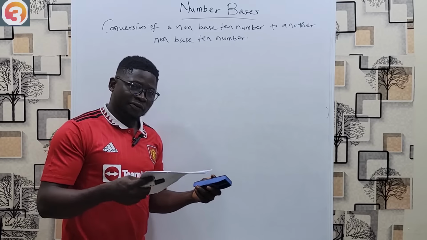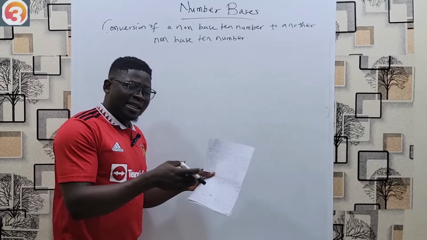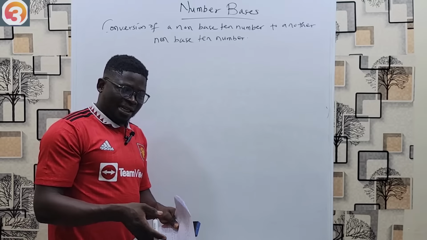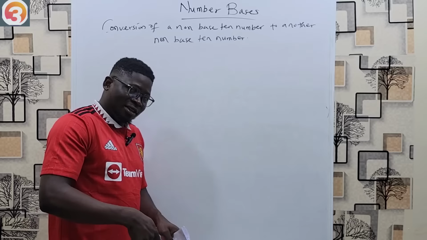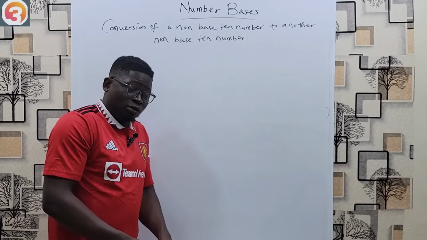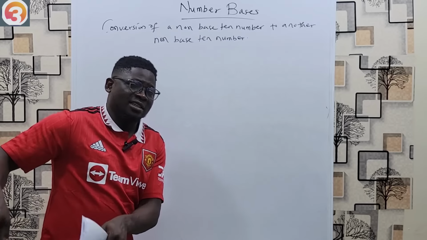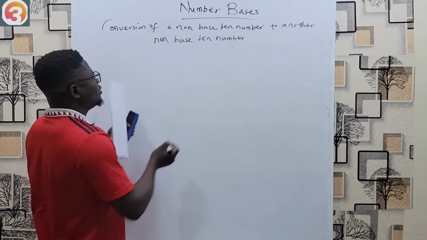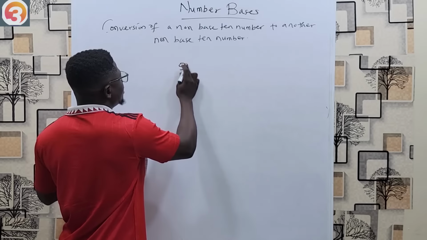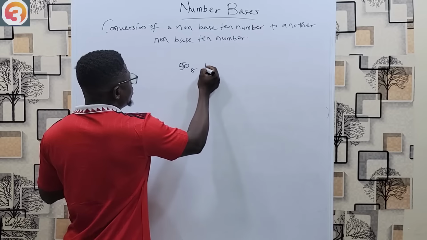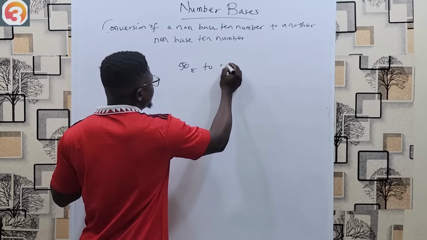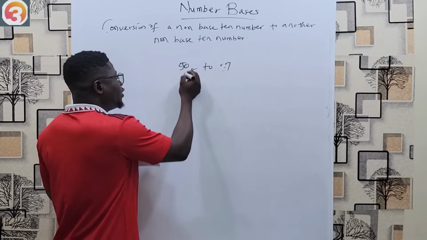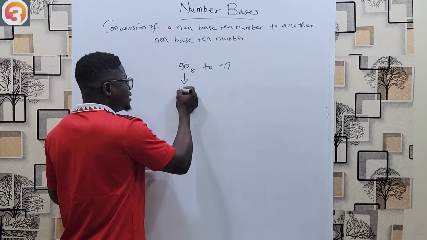So how do we do that kind of conversion? We first of all convert that number to base 10, right? Then we'll convert that base 10 result to the other base they're asking us for. So for example, we have to convert 50 base 8 to base 7. First of all, convert 50 base 8 to base 10.